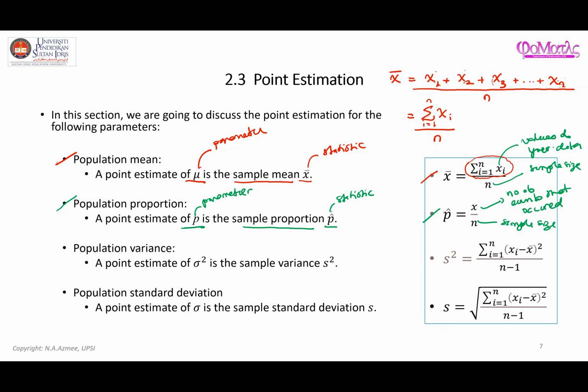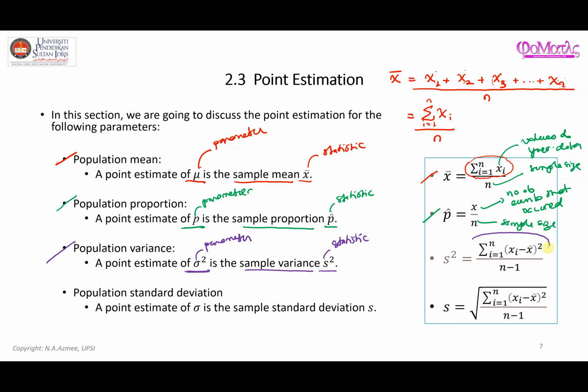Okay, next, if you are interested in finding the population variance, which is given by sigma squared, and this is the parameter, you can do so by finding the sample variance, which is given by s squared. So this is the statistic, and the formula is given by this one here.